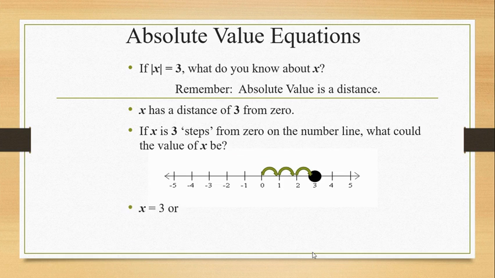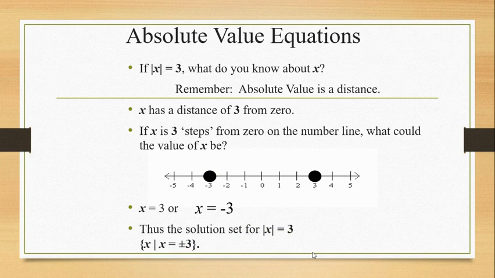Notice that it moves 3 positions to 3. So x could be equal to 3, or if you go to the left, x also could be equal to -3 because, again, physically it's 3 steps from 0. So thus the solution set for the absolute value of x equals 3 means that x is equal to +3 or -3.